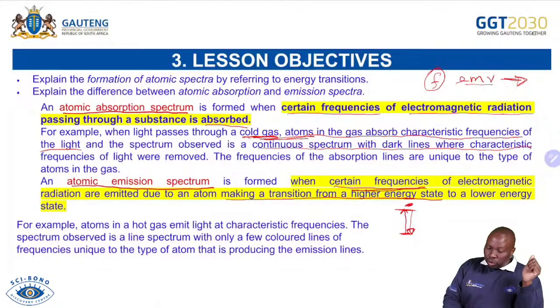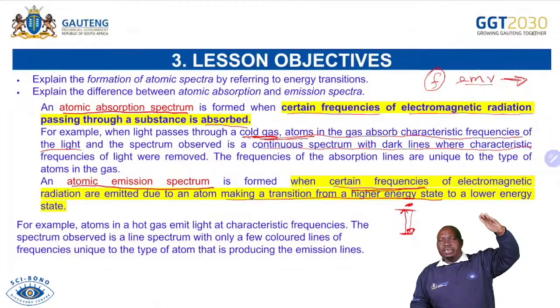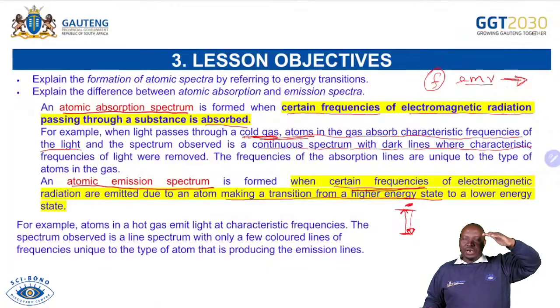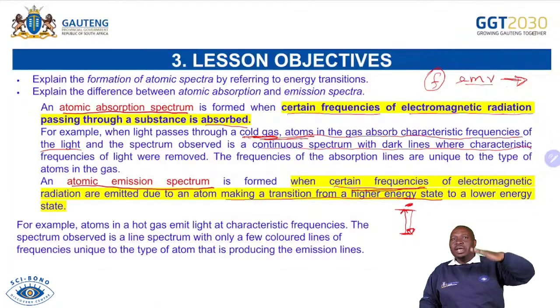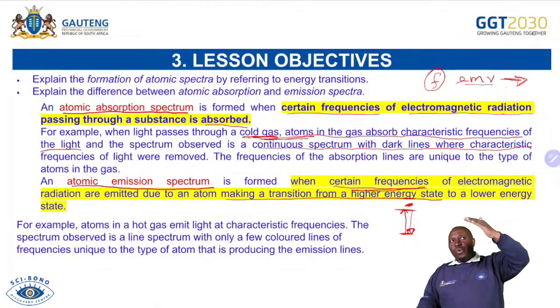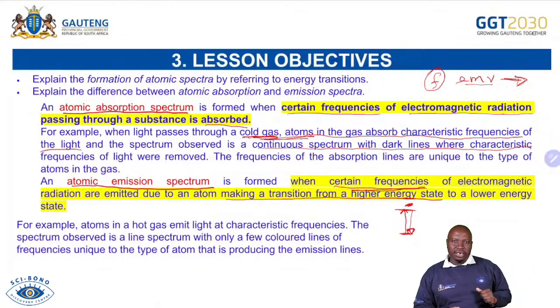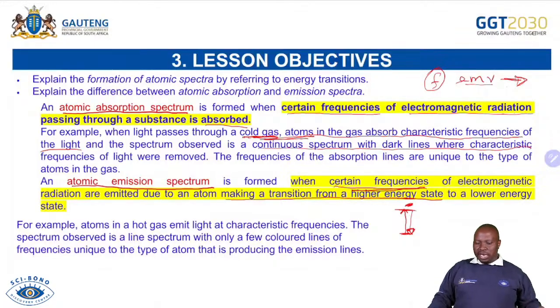Remember what made it be at a higher energy level: it has gained or absorbed energy, because when electrons get energy, they become excited and then move to a higher energy level. When the electron is at a higher energy level and loses that energy, that is emission.